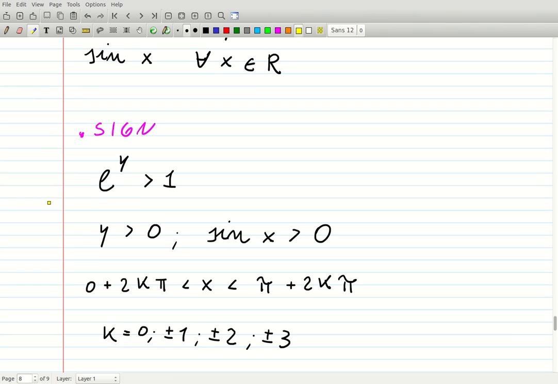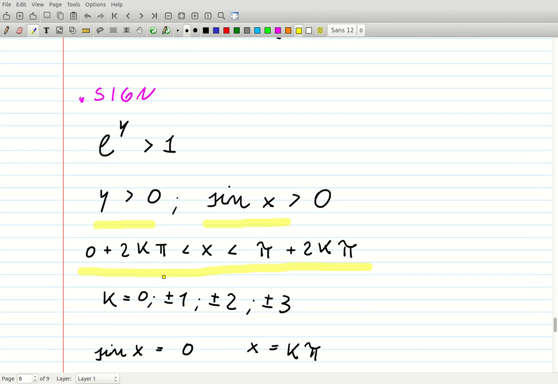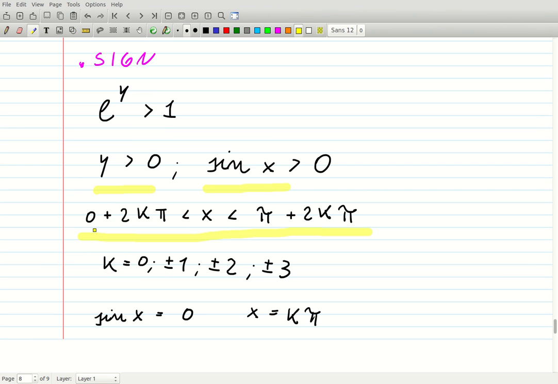Let's study the sign. We know very well now that for every non-negative y, e to y will be greater than 1. So we have to look at the sign of sine of x. If sine of x is greater than 0, we obtain that e to sine x will be greater than 1. When is the sine of x greater than 0? We have to remember what we studied during our trigonometry course. The sine will be greater than 0 when x is between 0 and pi.